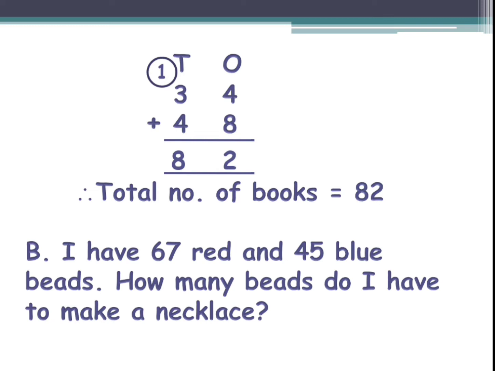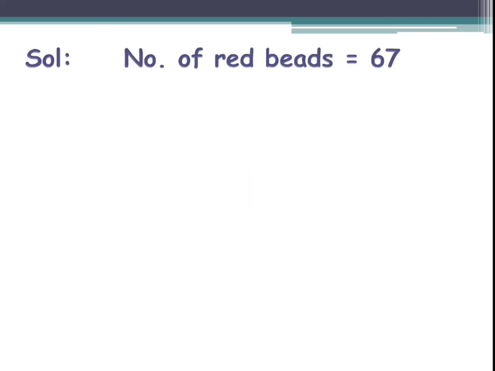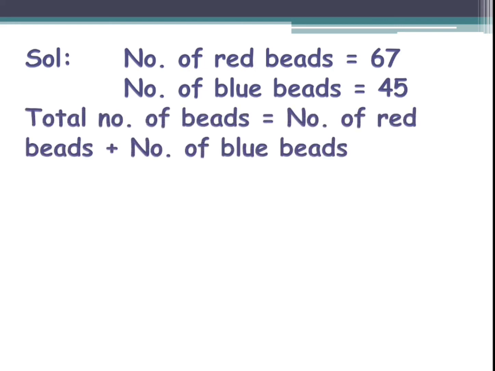As it is a story problem, you write the statements. Number of red beads is equal to 67 and number of blue beads is equal to 45. Total number of beads equals red beads plus blue beads, which is 67 plus 45.